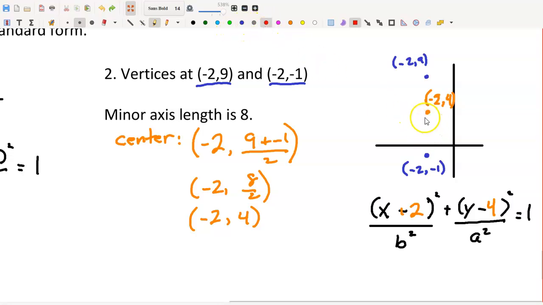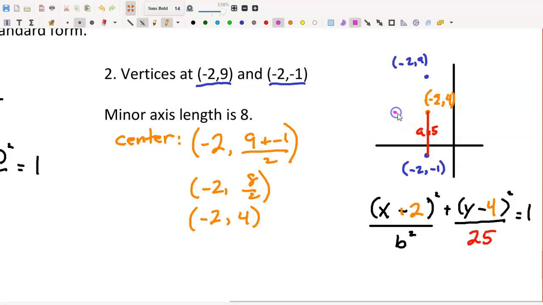And then the distance from the vertex to the center, is that A, B, or C? From center to the vertex? That's A. And A is equal to 5. That means A squared is 25. And then minor axis is 8.